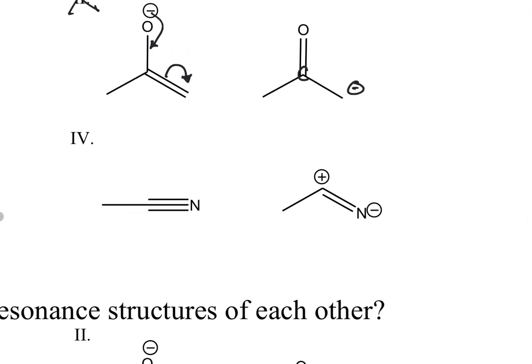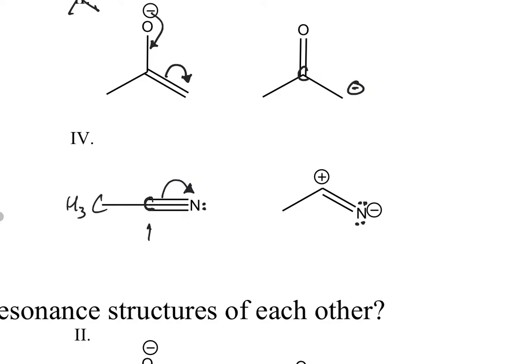Molecule number 4, we have a carbon here. Just to keep that in mind, there's going to be a CH3 there. If you move the pi electrons of that triple bond over to the nitrogen, I'll point out that the nitrogen had a single lone pair before. Now it's going to have 2 lone pairs, giving it a formal charge of negative because the carbon lost the pi electrons by giving them to the nitrogen.